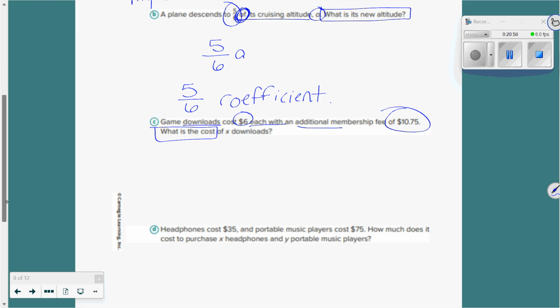All right, C, you can tell me what the first part is. What am I doing first? 6 times what? 6 times X, because it is $6 each, and I'm buying X downloads. Then what do I do?